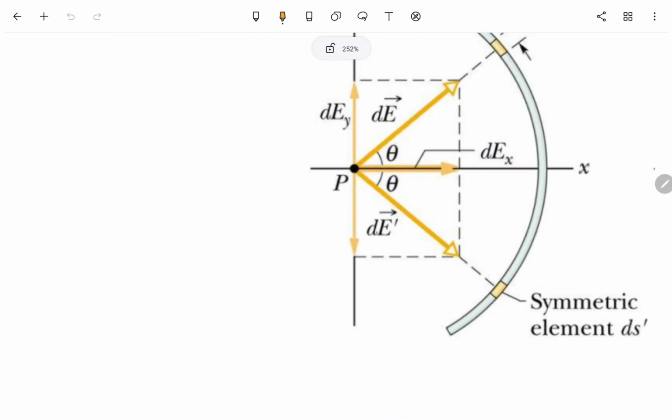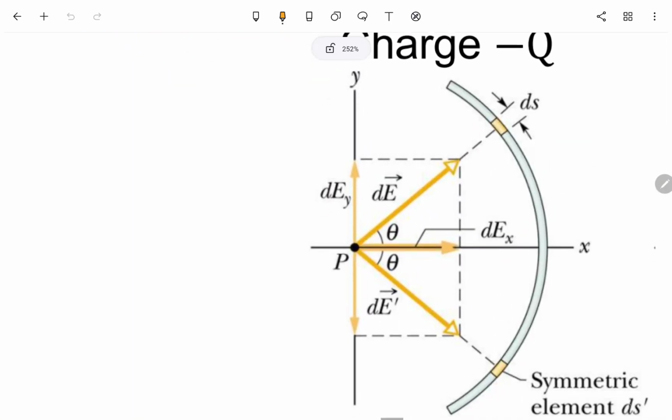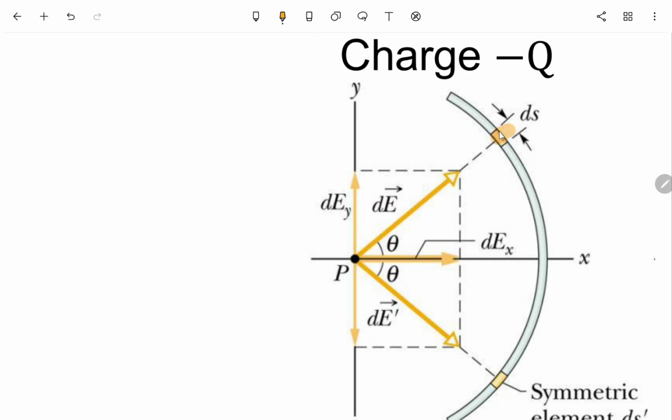Let's consider this ds. The charge is negative, so the dE will start from this point towards this ds. So this is dE generated by this ds, right?